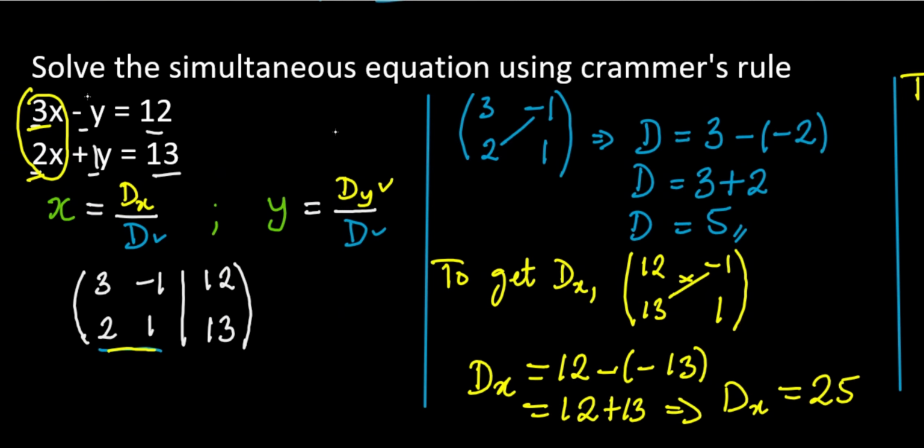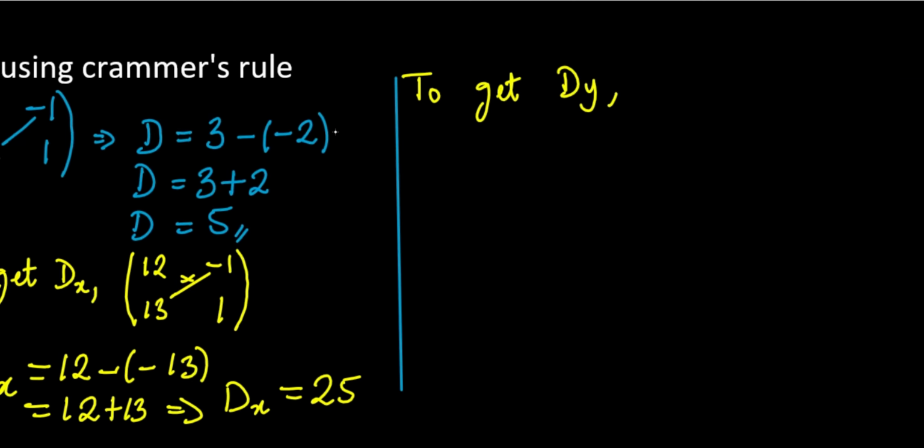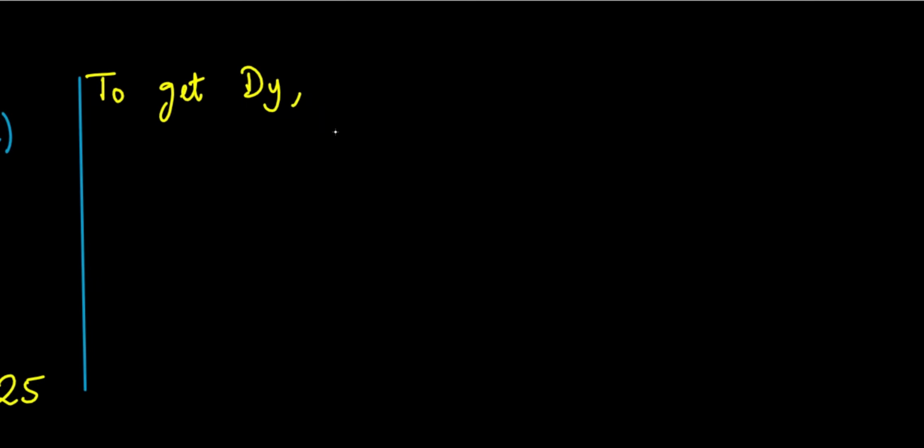We take the coefficients of y there, which are minus 1 and 1, and we replace them by 12 and 13, which are the constants. So we now have the matrix 3, 2, 12, 13 for dy.